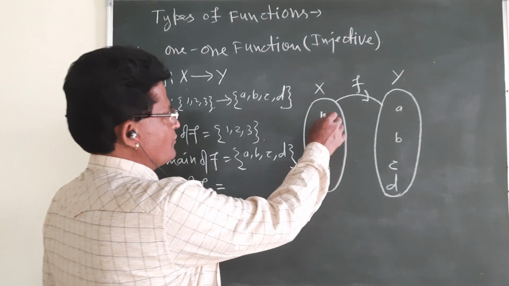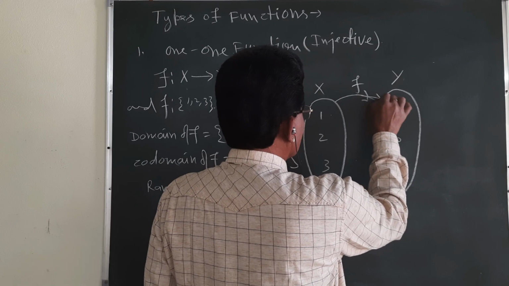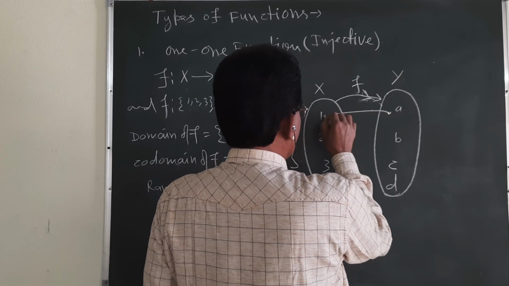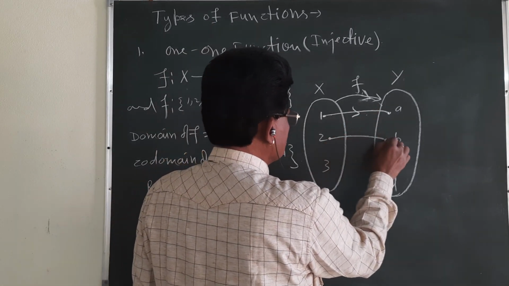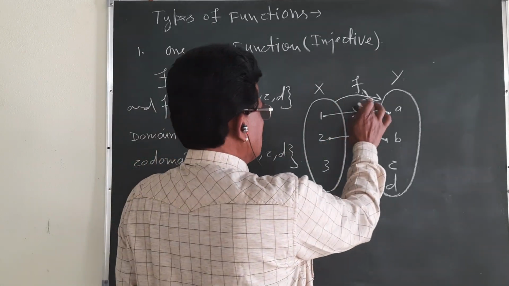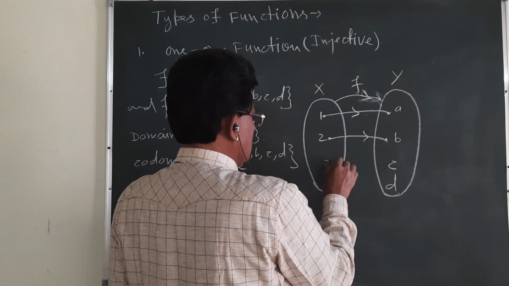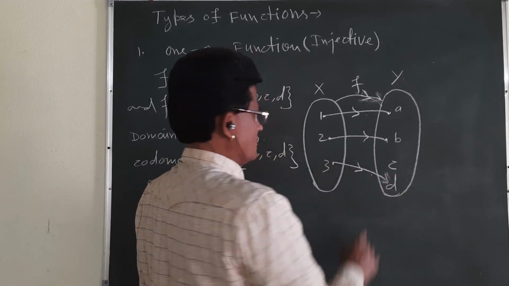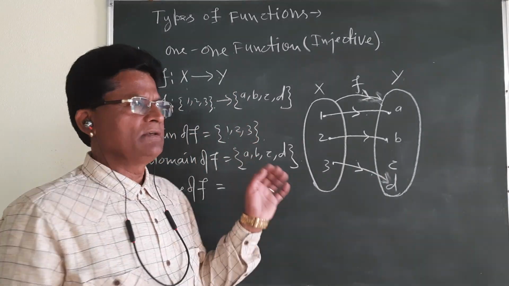Suppose 1 forms the image with A, 2 forms the image with B under f, and 3 has the image with D. C does not have any image from an element of X. You must keep this in mind.